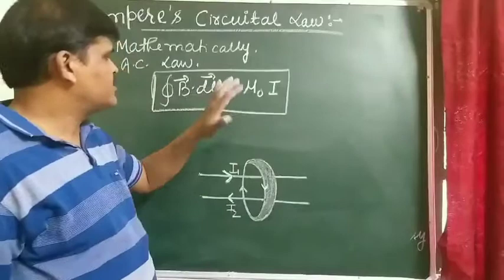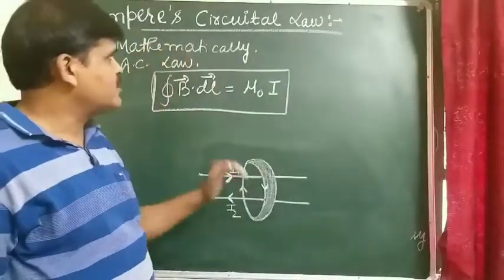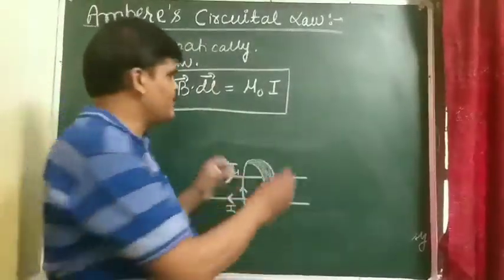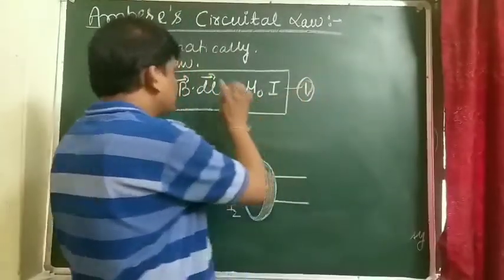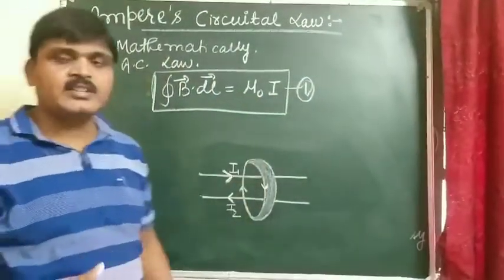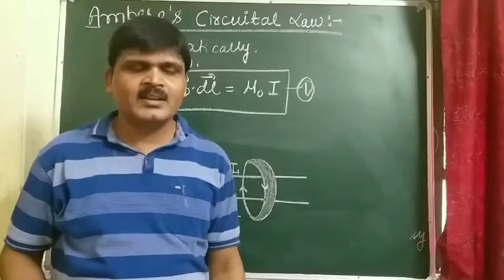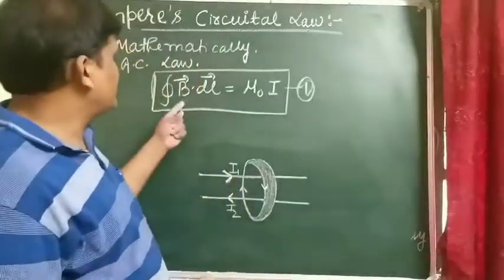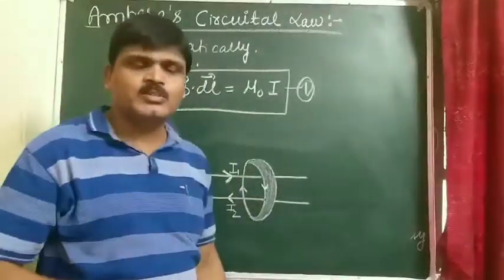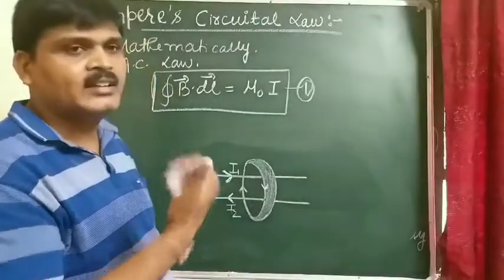This is the statement of Ampere's circuital law. And students, this formula also involves a sign convention, and the sign convention for Ampere's circuital law can be found with the right hand rule.